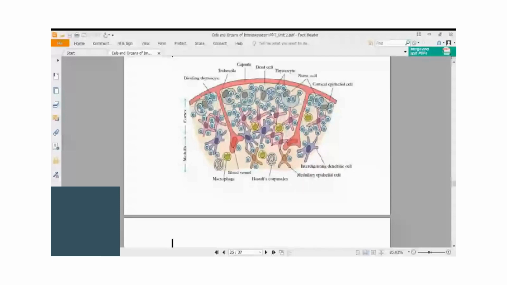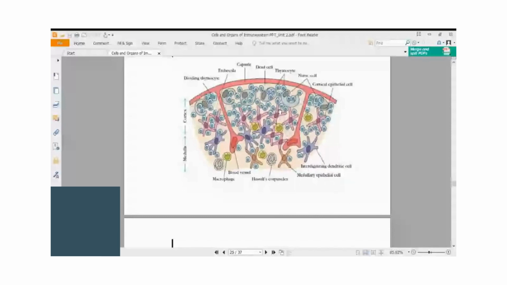TC means cytotoxic T cells. TH means T helper cells. Okay, the process of that selection we will talk about when we talk about the T cell maturation process. For the timing today, we will just learn that the function of the thymus for selection of T lymphocytes to commit themselves to become TH and TC cells is done by the cortical thymic epithelial cells.